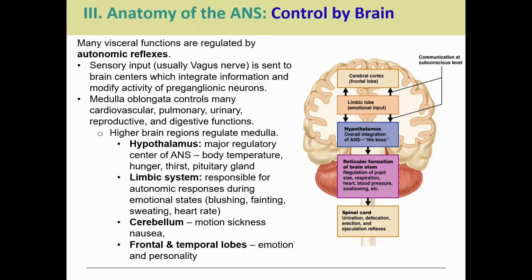Other parts of the brain will help regulate the medulla, like the hypothalamus: body temperature, hunger, thirst, and your pituitary gland are controlled by that. The limbic system will be for emotional state responses, so sweating, heart rate, blushing. Cerebellum for motion sickness and nausea.